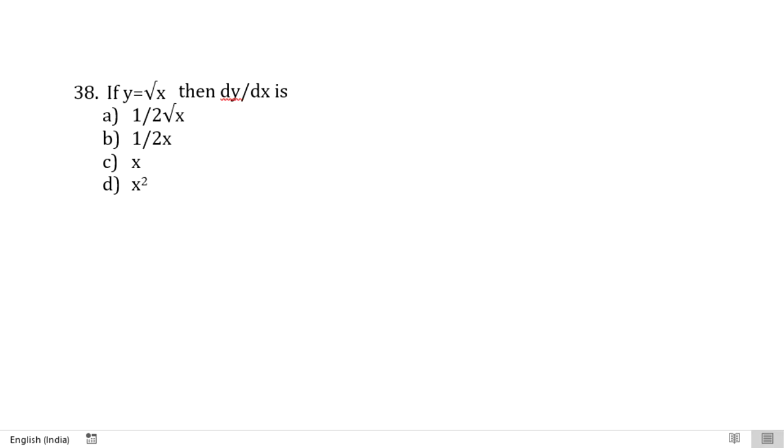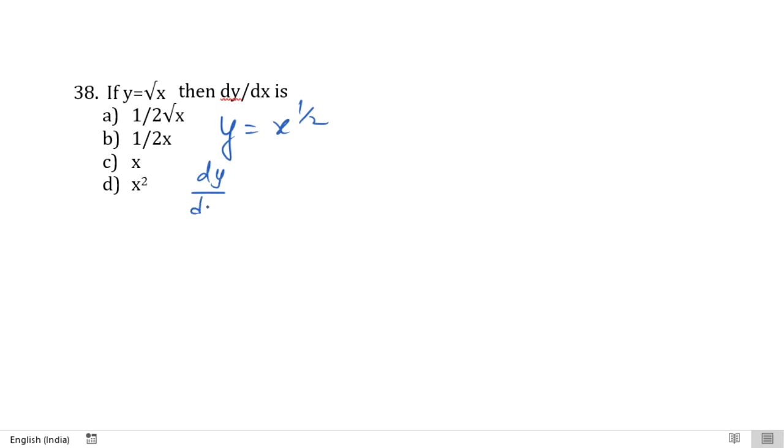If y is equal to root of x, then dy by dx. I know many of you would have remembered that the derivative of root x is 1 upon 2 root x. But just for understanding purposes, we can write y is equal to x to the power half. Isn't it? Root x can be written as x to the power half.